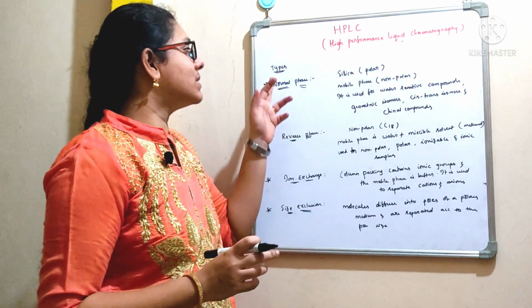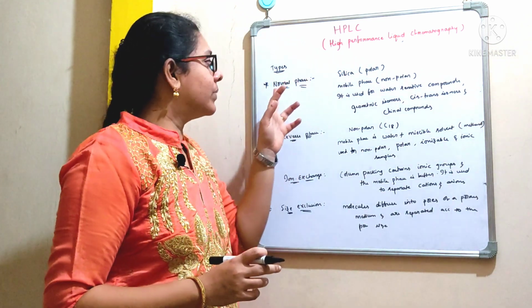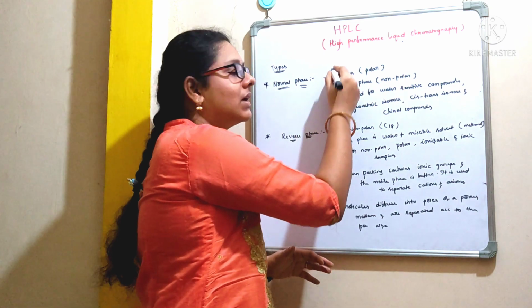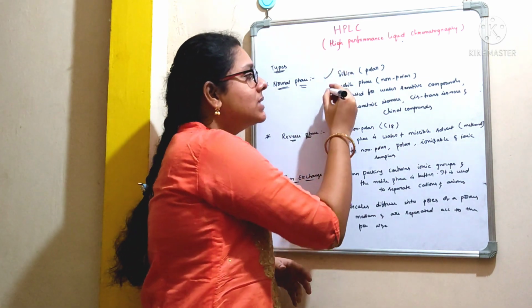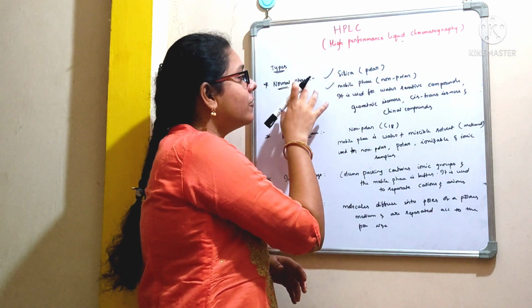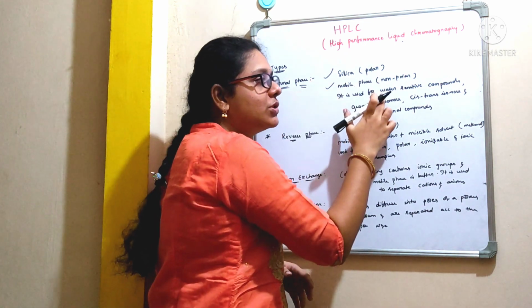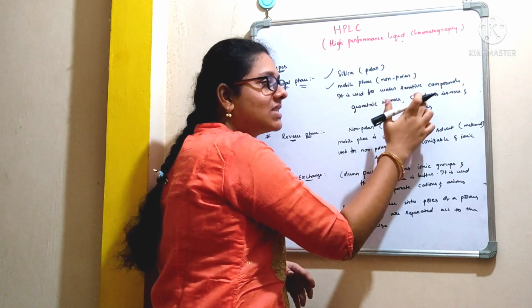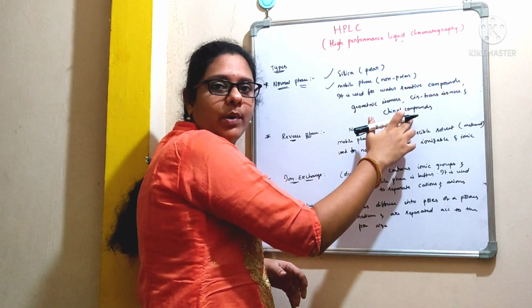Now let us discuss the types of HPLC. Coming to the normal phase, here the column is packed with silica, which is polar, whereas the mobile phase used is non-polar. And this normal phase technique is especially used for water sensitive compounds, geometric isomers, cis-trans isomers and chiral compounds.